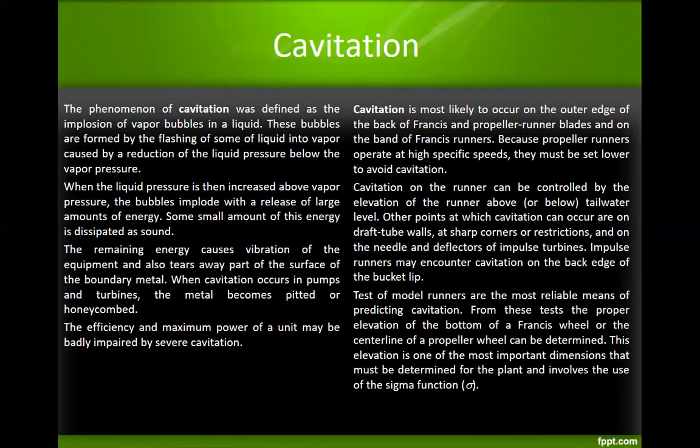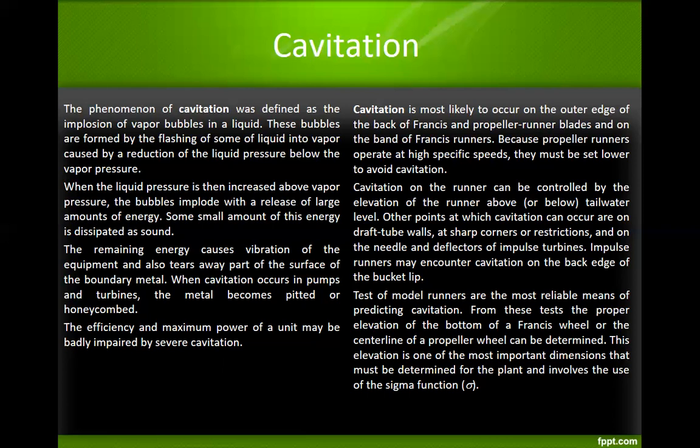So the remaining energy causes vibration of the equipment and also tears away part of the surface of the boundary metal. When cavitation occurs in pumps and turbines, the metal becomes pitted or honeycombed. The efficiency and maximum power of a unit may be badly impaired by severe cavitation.